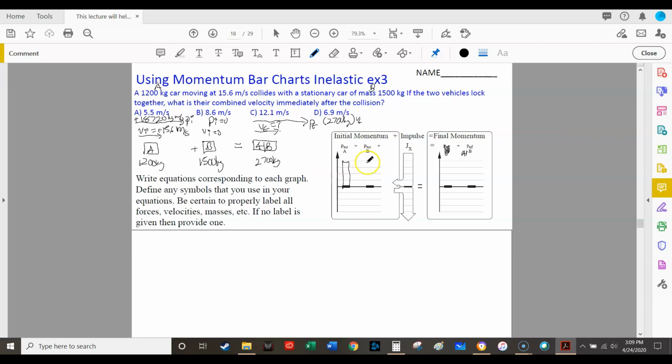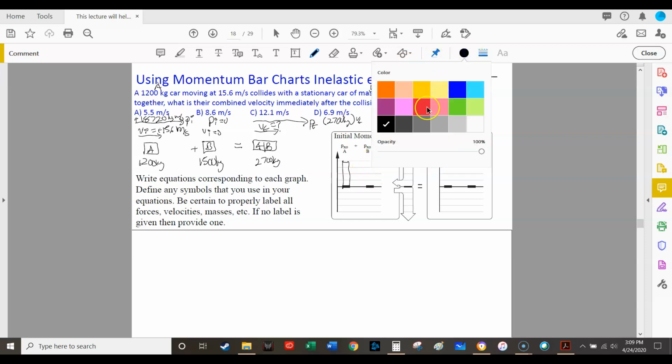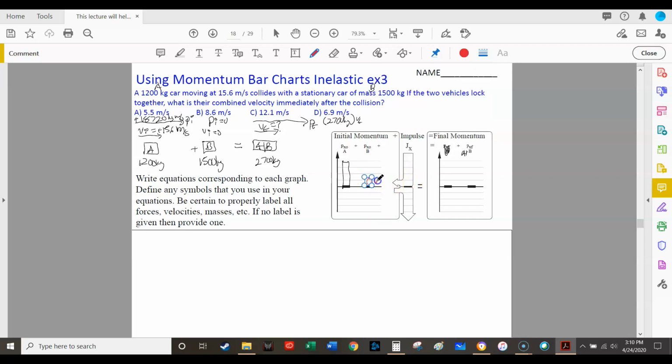I'm going to draw those momenta here. This represents 0 kilogram meters per second, and this represents 18,720 kilogram meters per second.